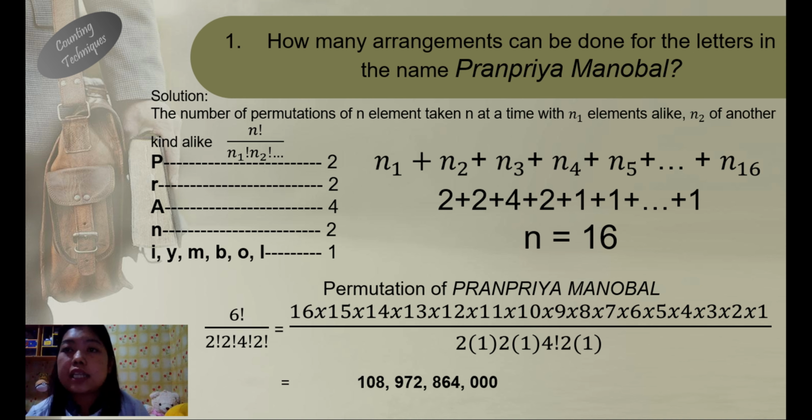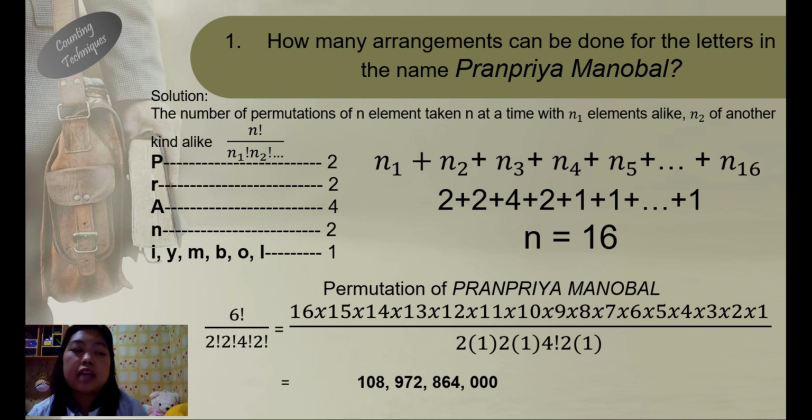So, we can cancel out the 4 factorial. Then, we multiply 2 times 1 times 2 times 1 times 2 times 1, which is equal to 8. Then, cancel out 8. Then, multiply the remaining numbers, which is 16 times 15 times 14 times 13 times 12 times 11 times 10 times 9 times 7 times 6 times 5.